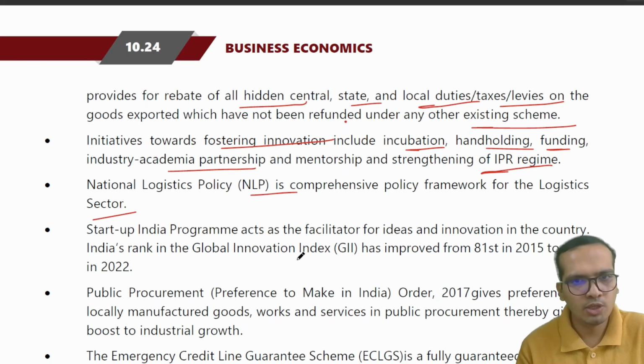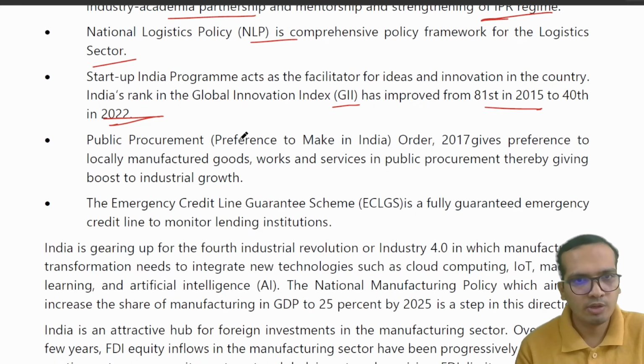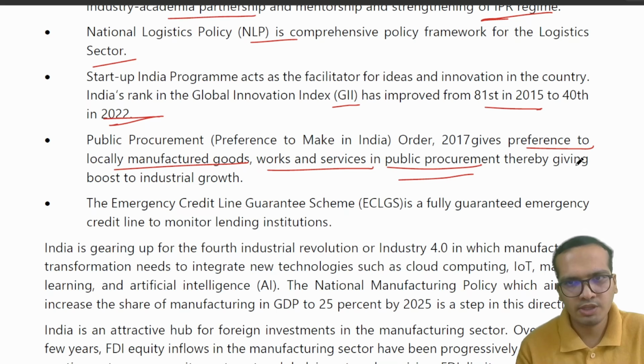India's rank in the Global Innovation Index (GII) has improved from 81st in 2015 to 40th in 2022. Public Procurement (Preference to Make in India) Order 2017 gives preference to locally manufactured goods, works and services in public procurement, thereby giving a boost to industrial growth.